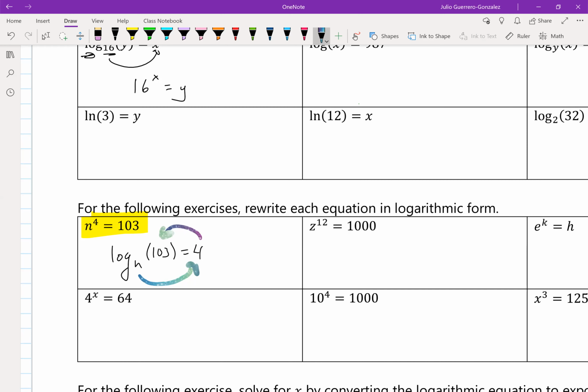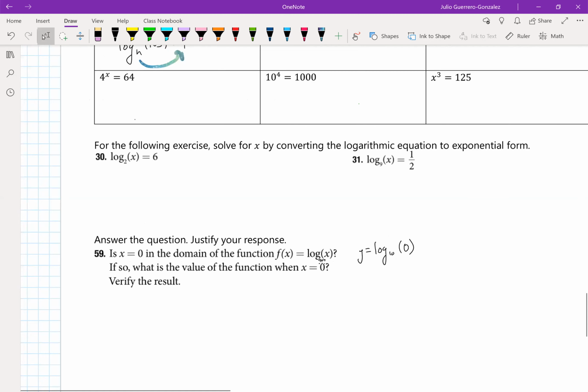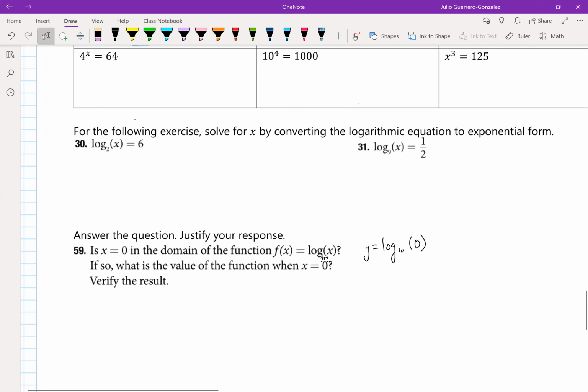Could you do 30? And I do 30. It would be 2 to the x equals 6, right? No? Check your conversion.